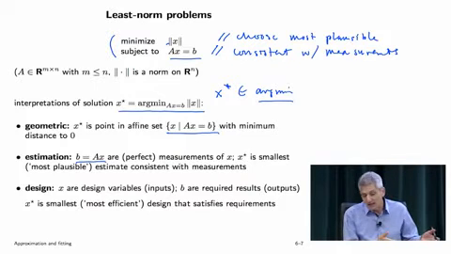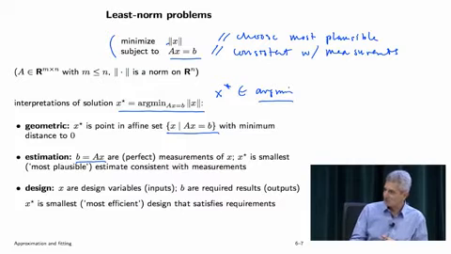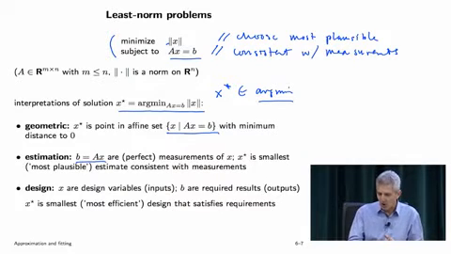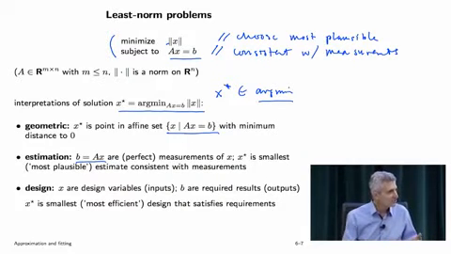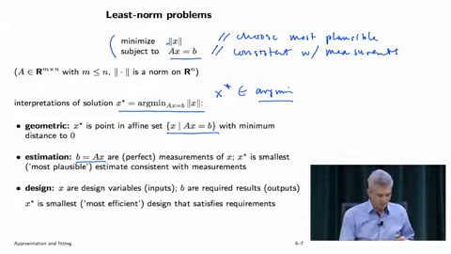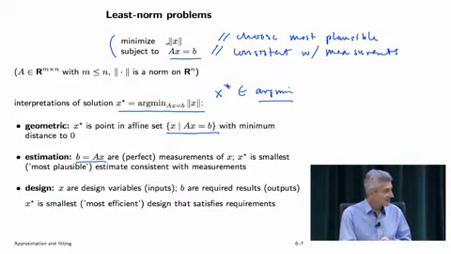So anybody who chooses an x with Ax equals b cannot say to another person who chooses another x that satisfies Ax equals b that they're wrong. What one can do then is just talk about which is more plausible. And so the idea is that the norm is here used as a surrogate for, I should say, implausibility, because the larger the norm, the less plausible it is. And by the way, possibly even later today, we'll connect this to a statistical interpretation.